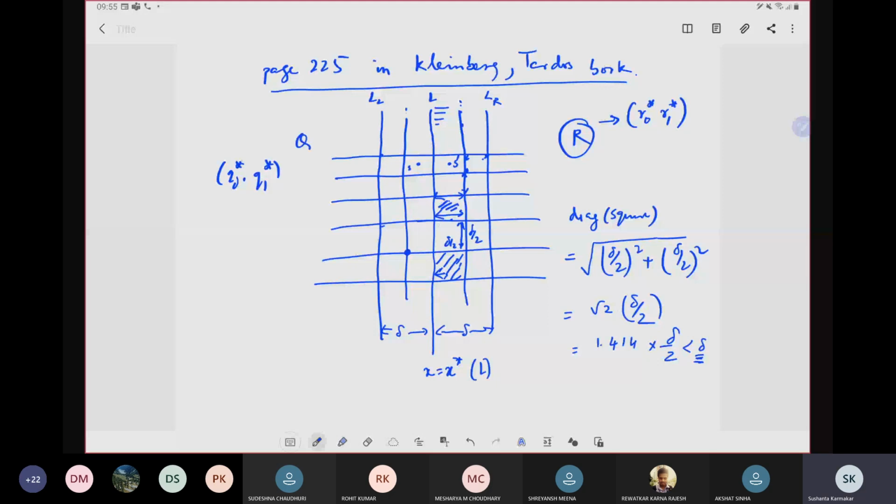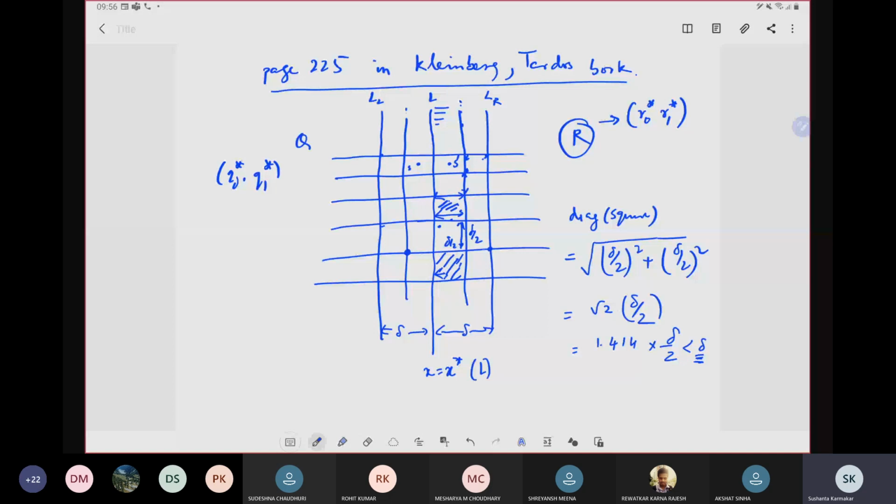This is delta by 2, this is almost delta by 2. But suppose they are at some separation away from each other, let's say slightly in the horizontal, it is here. So this means it is delta, and this is another delta by 2. So if the horizontal separation itself is more than delta, their actual Euclidean separation will be more than delta.